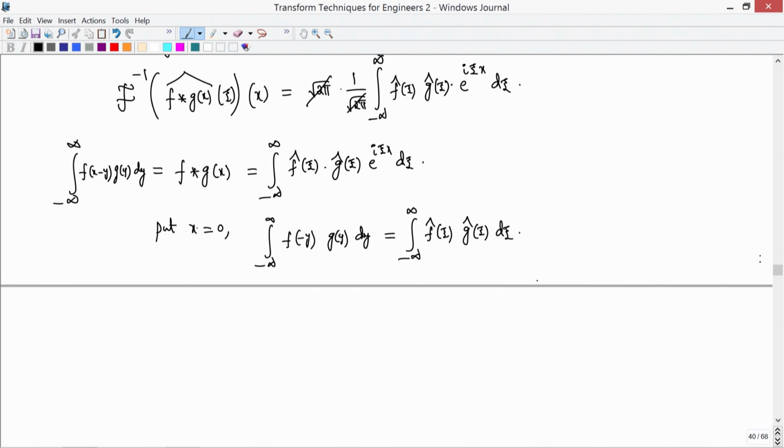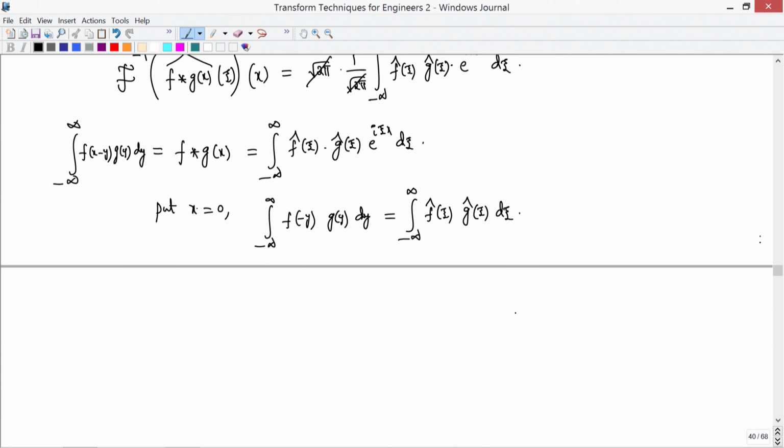Now, this is the same as the integral of f of minus y, where you replace minus y by t, for example.